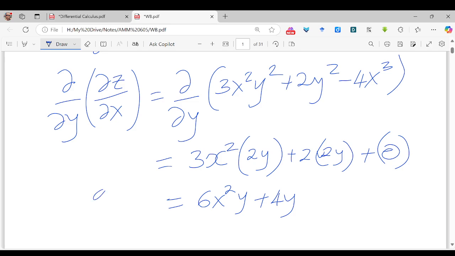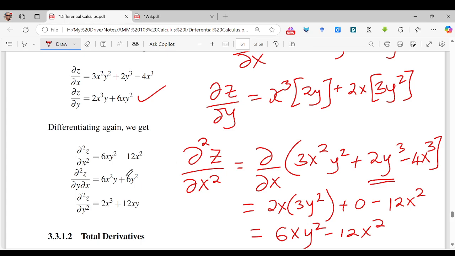This is the second order partial derivative of z, a mixed order derivative. The first is a differentiation with respect to x, followed by the differentiation with respect to y. So this is a mixed order derivative in this case.